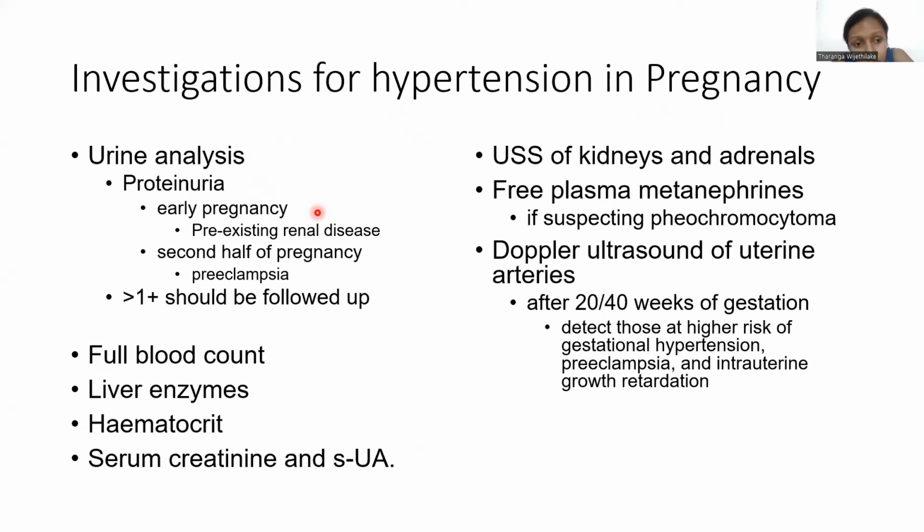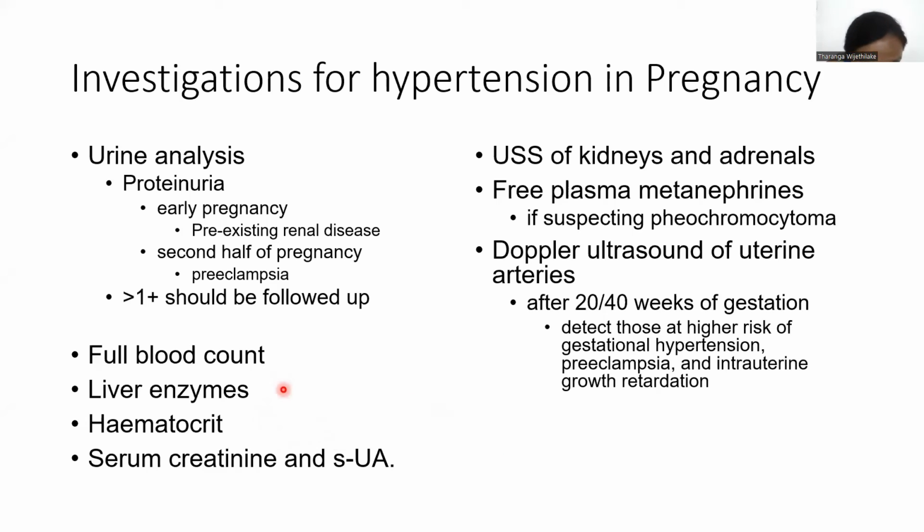If you have proteinuria in early pregnancy, that is more likely to be pre-existing renal disease. Second half of pregnancy, preeclampsia becomes likely after 20 weeks. If you have proteinuria more than 1+, you must follow them up. And then you do a blood count, liver enzymes, hematocrit, serum creatinine, and serum urea analysis.